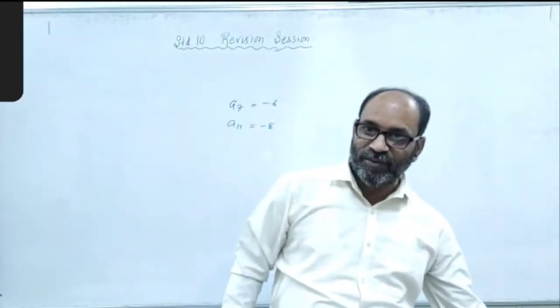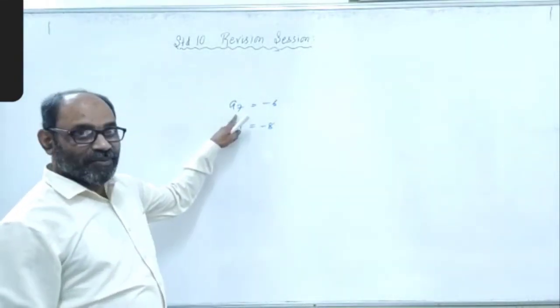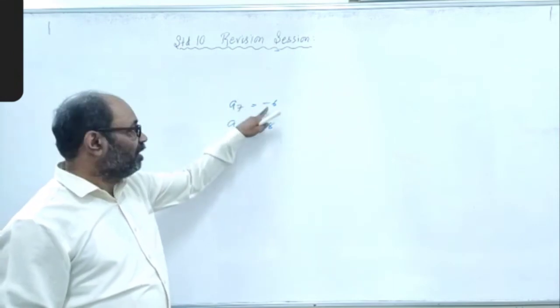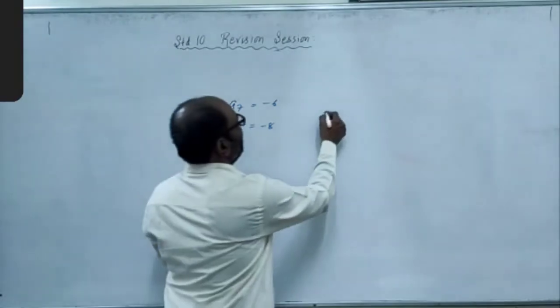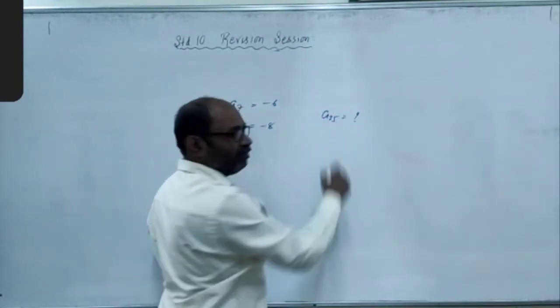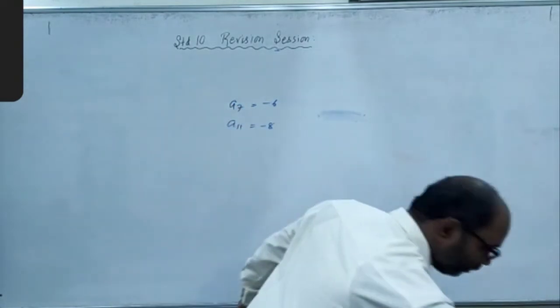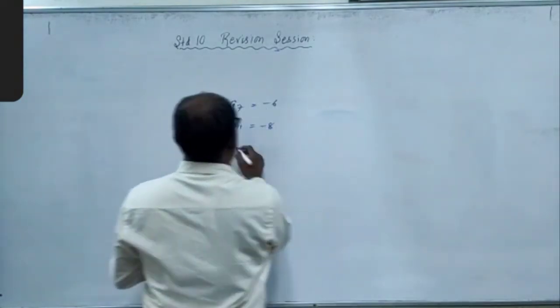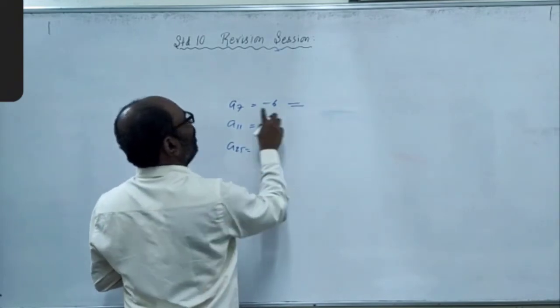One question of this kind would be there tomorrow in your paper to attempt. The 7th term of an AP is minus 6, the 11th term is minus 8, find the 25th term. Let's go, children, tell me.